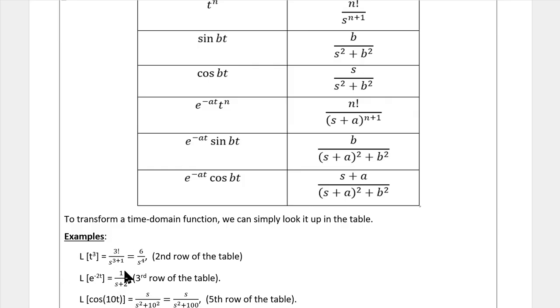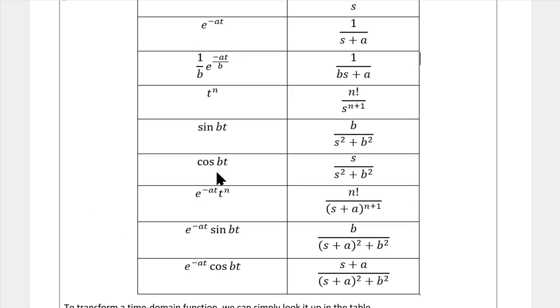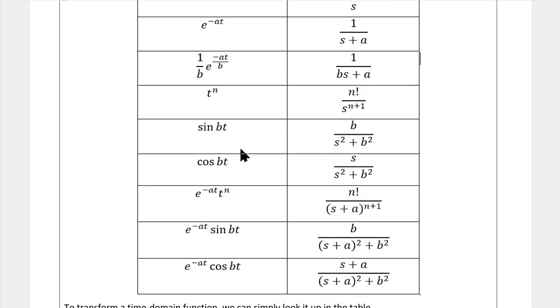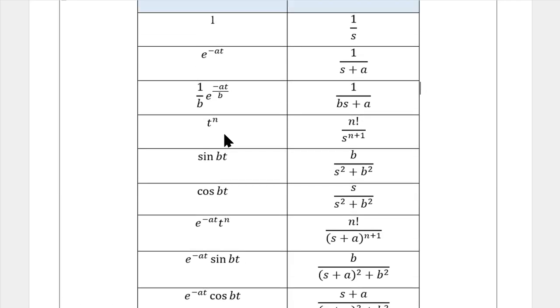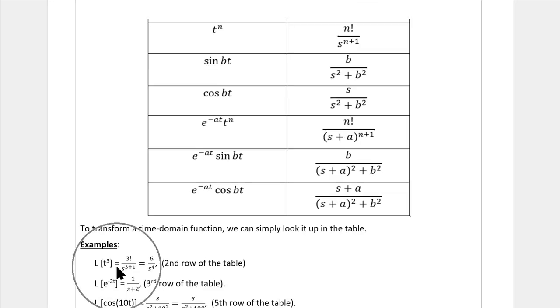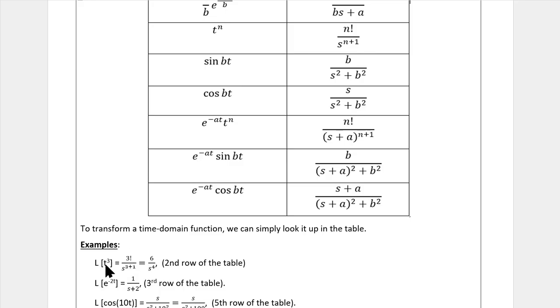To take the transform of this function, we look in the table for the row which has this form, t to the power n. So this is the row, and the n over here is equal to 3. So the transform is 3 factorial over s to the power 3 plus 1.